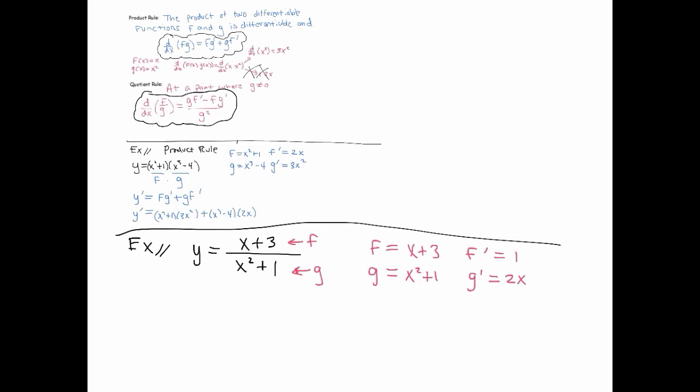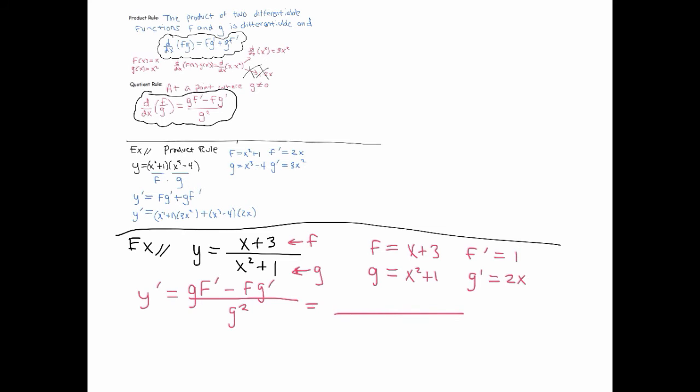And now we'll just apply the quotient rule. So y prime is going to be, if I look at my quotient rule up above, I'm going to have to take the denominator function and square it, and then I'm going to times it by g f prime minus f g prime. So we plug in what we have here.